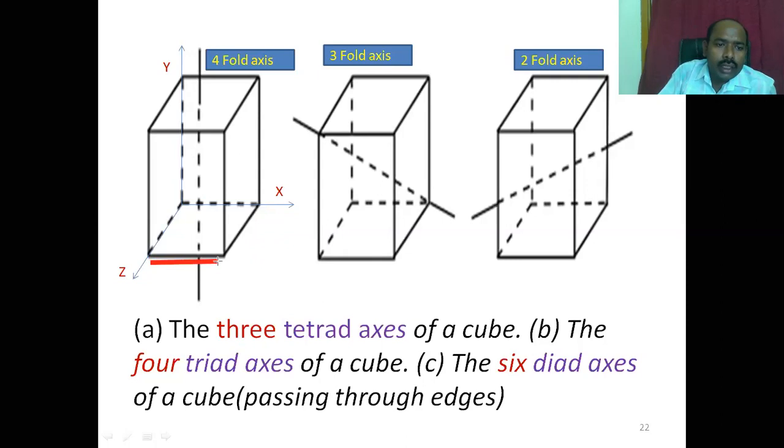After rotating four times, we get the same face this side. Therefore, this axis is called a fourfold axis.